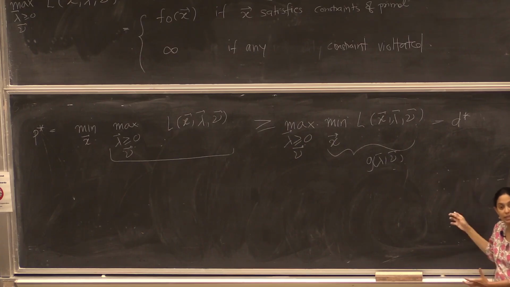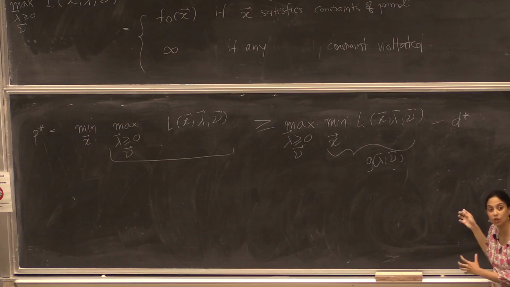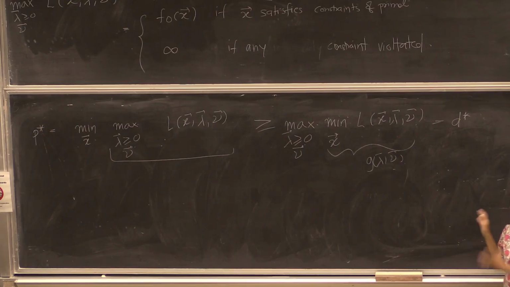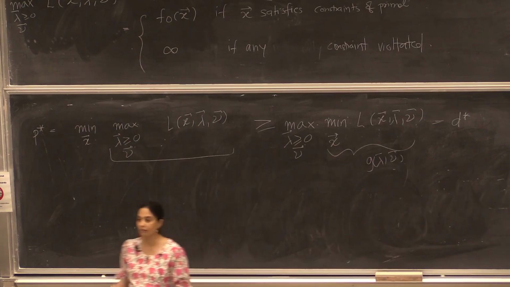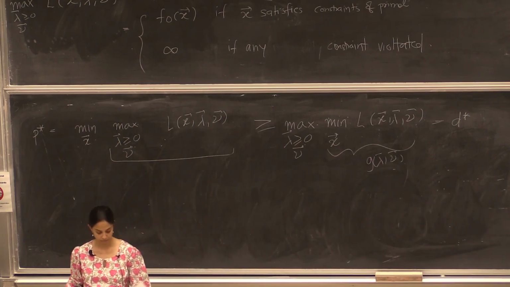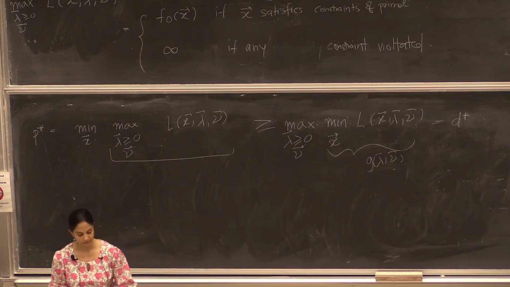But all this is an instantiation of the more general min-max inequality that we're applying to our special case of the primal-dual problem. Does everyone see that? Everyone with me? Okay, good. So now you see why this is relevant to us. Why do we care, right?